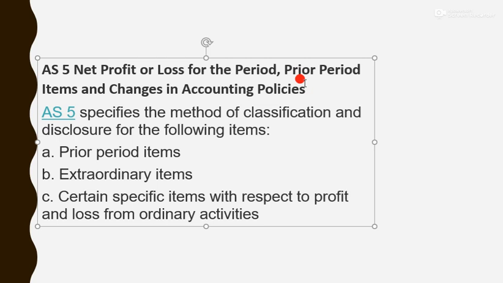But while disclosing, the relevant amount of prior period items should be disclosed separately in the profit and loss statement. We should not adjust; we need to disclose separately by showing that errors and omissions were caused in so and so year, and you can show that in the financial statement.